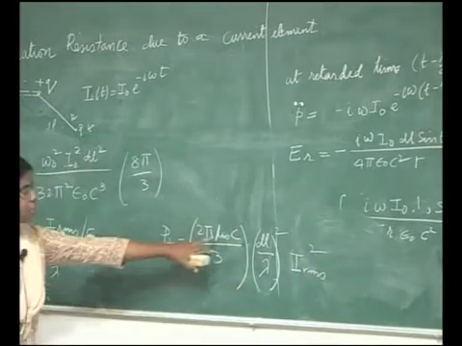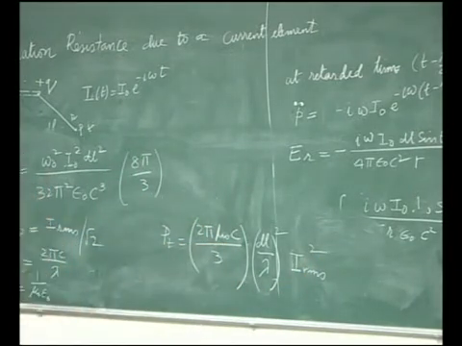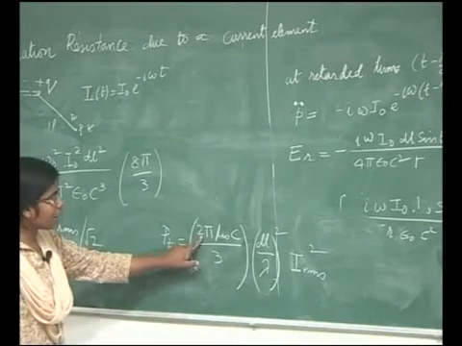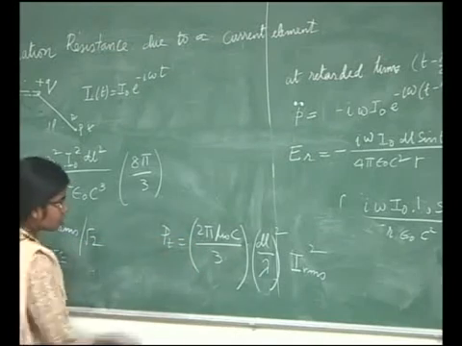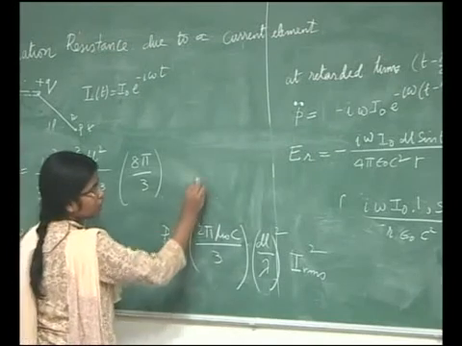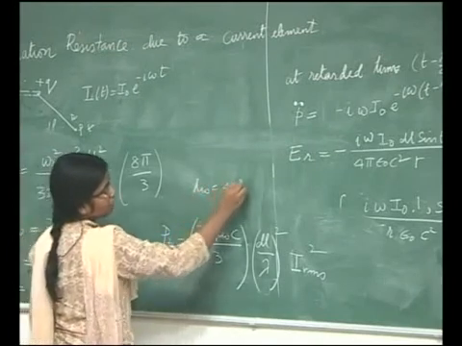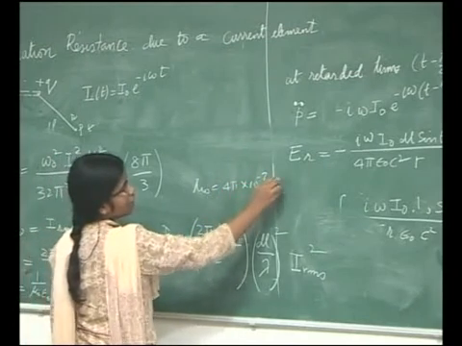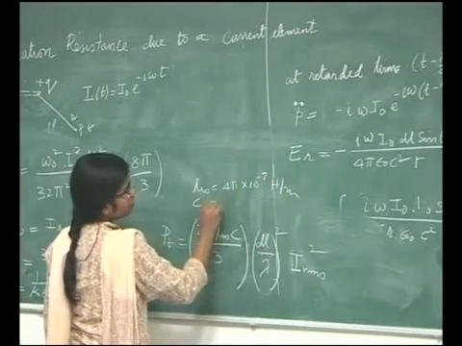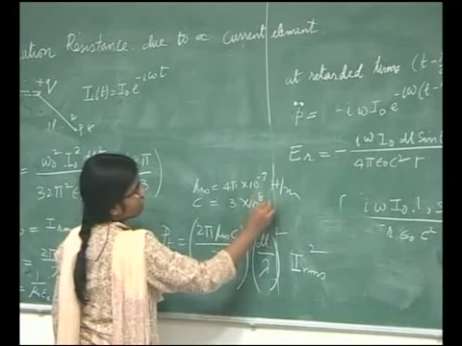Now, mu naught is 4 pi into 10 to the power minus 7 Henry per meter. C is 3 into 10 to the power 8 meters per second.